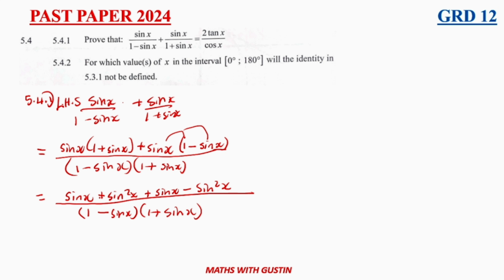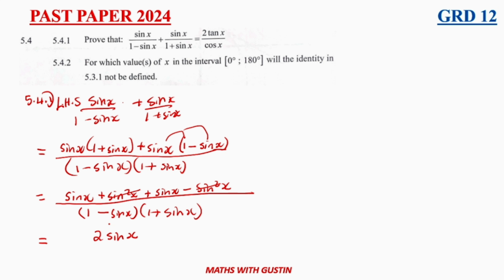All right, what do we have at the top? We've got plus sine squared and then minus sine squared. This would cancel out, and then what are we going to be left with? We are going to be left with sine plus sine, which gives us 2 sine x, right?